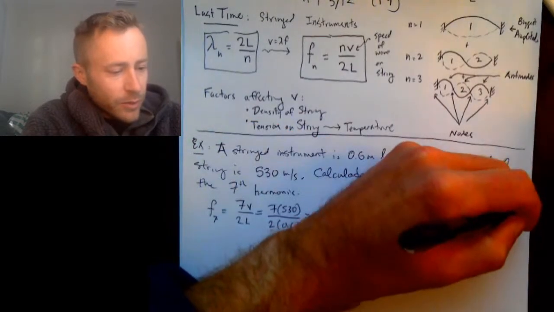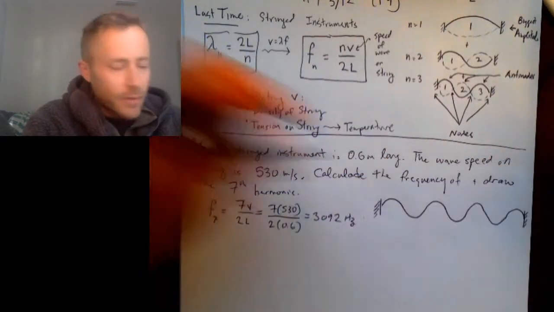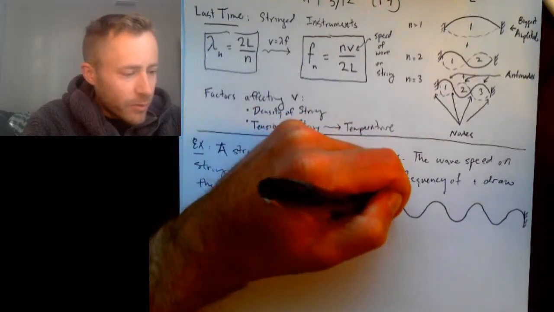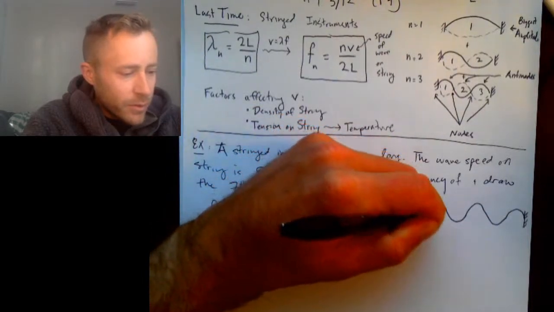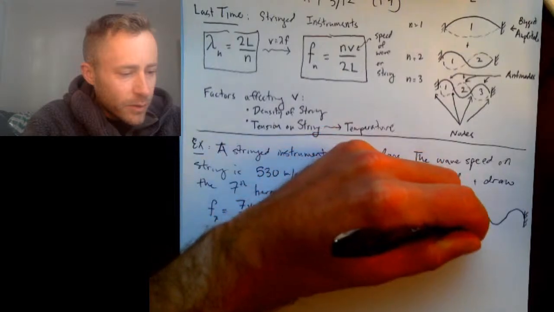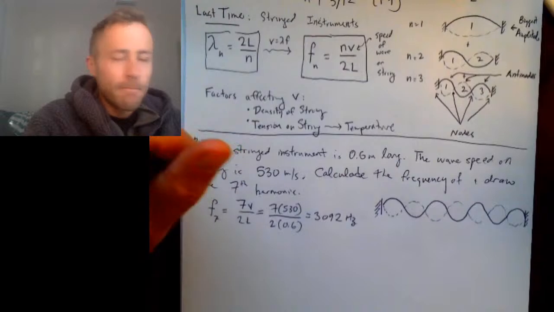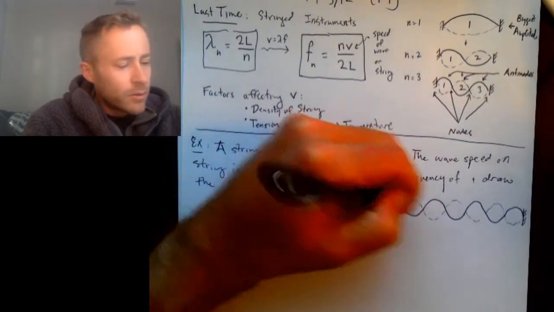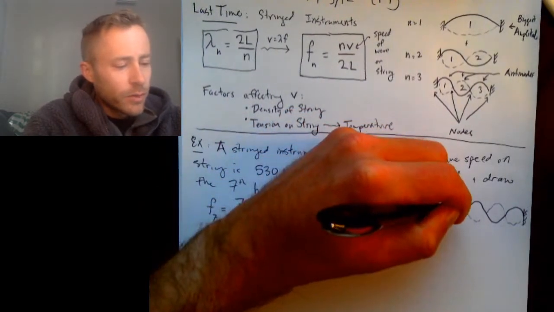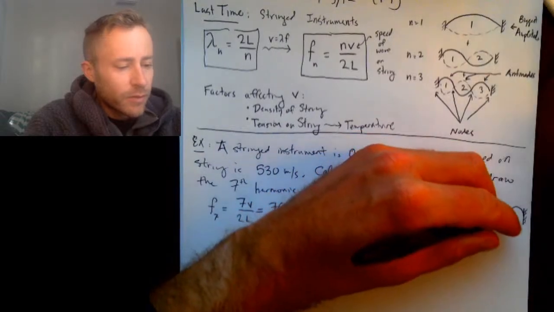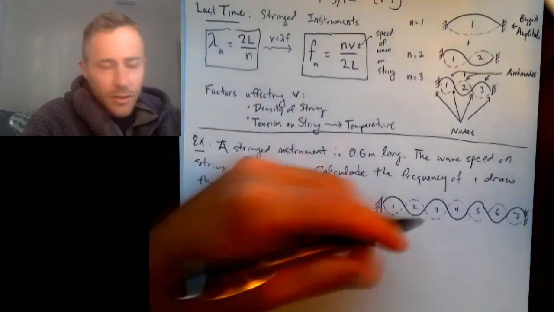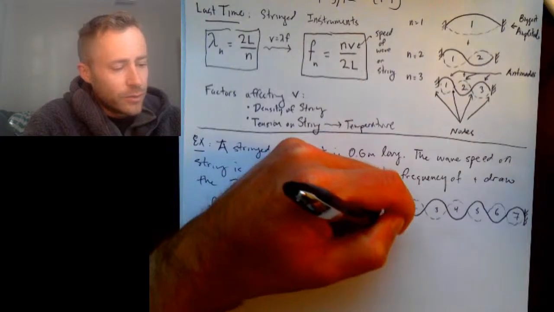So then I'll draw the other part of it. 1, 2, 3, 4, 5, 6, 7. And so you can see that this has 7 nodes.